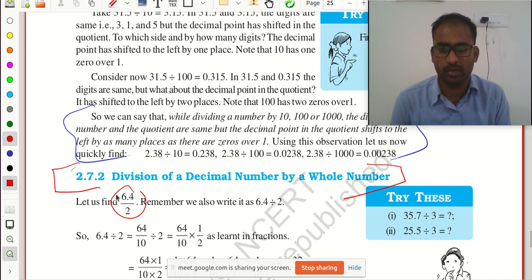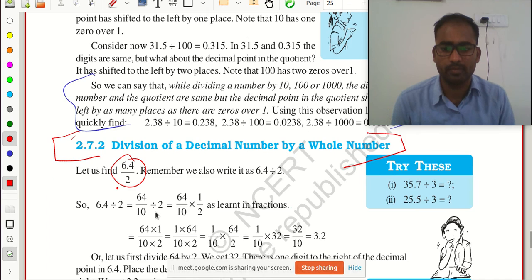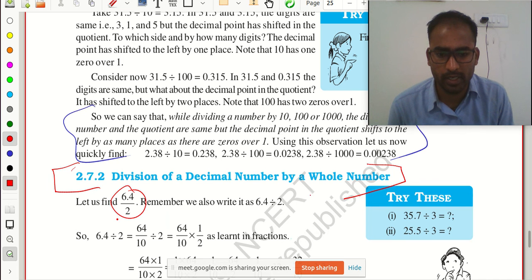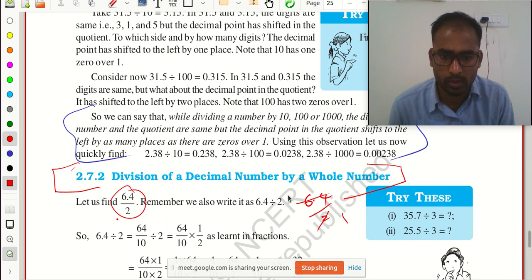See, here I am having a decimal number 6.4 and my whole number is 2. I need to divide it now. Simply I can divide 6.4 by 2. 2 1 ja, 2 3 ja, this decimal will come here, 2 2 ja. So I can write directly here 3.2.